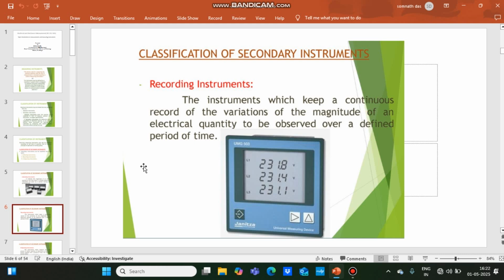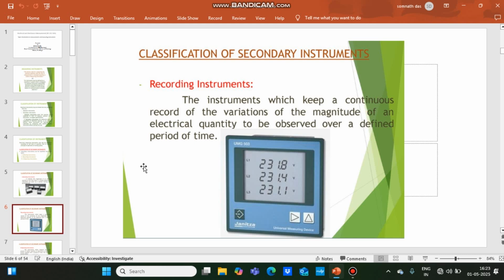Recording instruments. Recording instruments are required when we have to record the unknown parameter over a time period. If you want to know the value at a certain time, first we have to record the value.